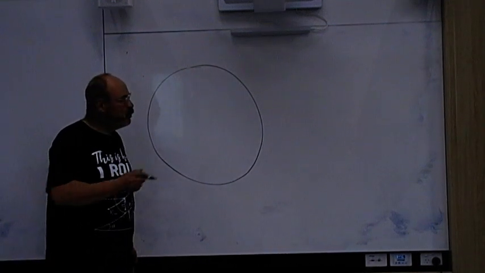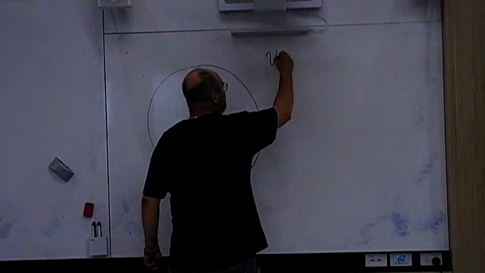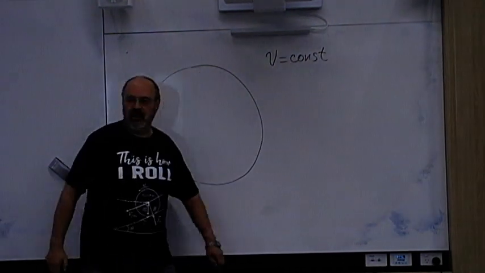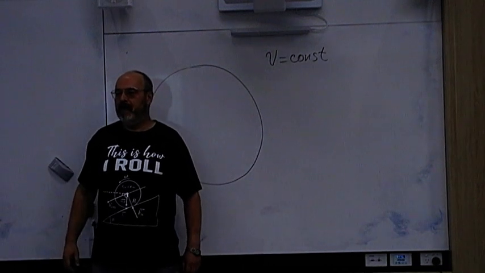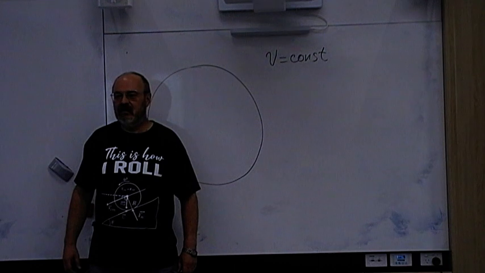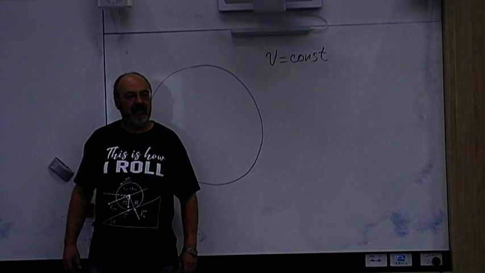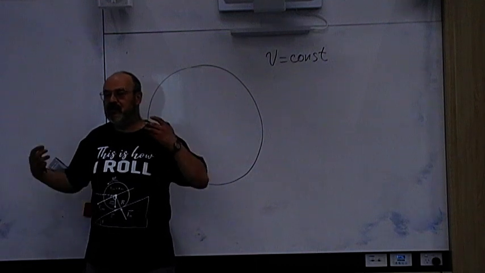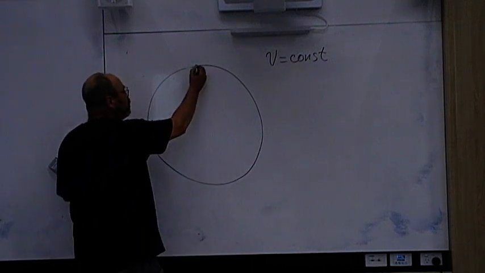So we have an object moving in a circle with a constant speed. Speed constant. Is velocity constant? No. Correct. Because it's constantly moving in a different direction. Velocity has direction, and the direction changes all the time.